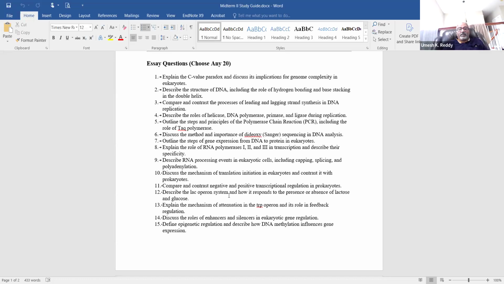So all the ATP is converted to adenosine monophosphates. When starvation happens, cyclic AMP gets accumulated. So there is a protein called cyclic AMP receptor protein that can bind and jumpstart this lac operon.